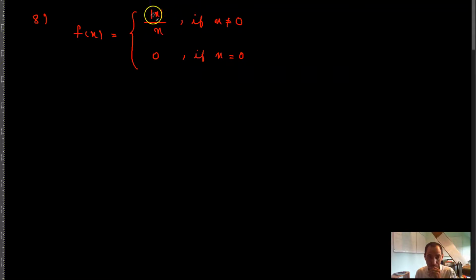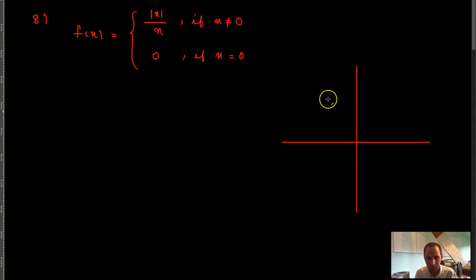So let's see what happens in this function. If x is not equal to 0, that means for all x's from negative infinity to positive infinity except x equal to 0.